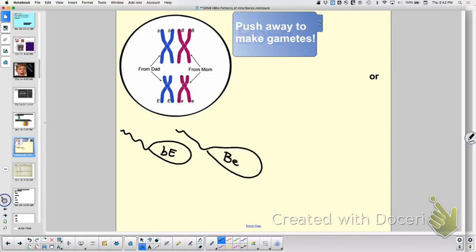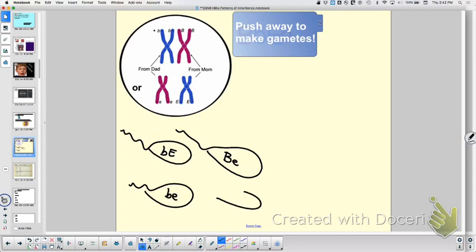But what if they did not line up that way? What if they lined up this way? Then the type of sperm you would get would be little b, little e, and big B, big E. Those are all the options in sperm.